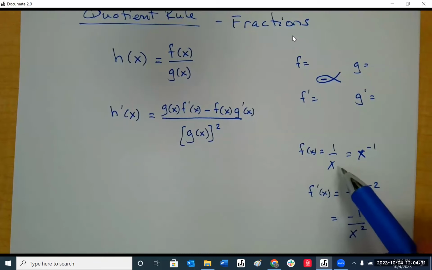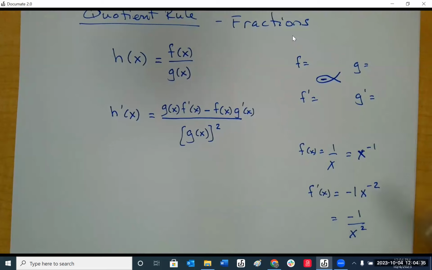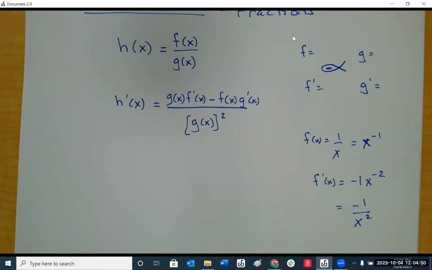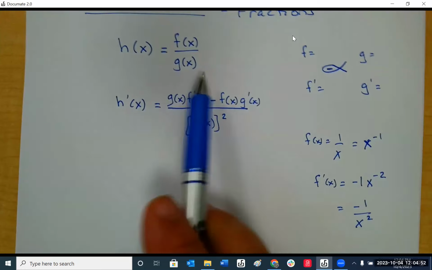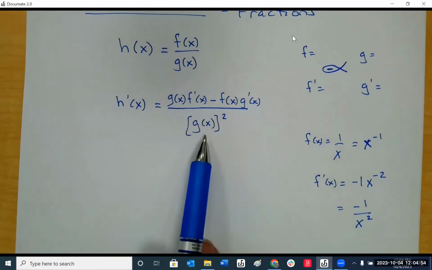So whenever you have an x on the bottom and you take a derivative, it always increases it by 1. Simply because of this: if I took the derivative of this one, I'd have a -2, and now I have a -3 on the bottom. So since it started off as g of x, that means it's g of x squared.